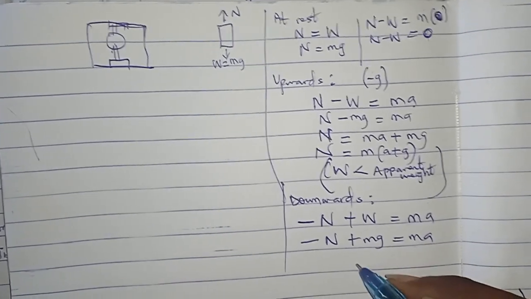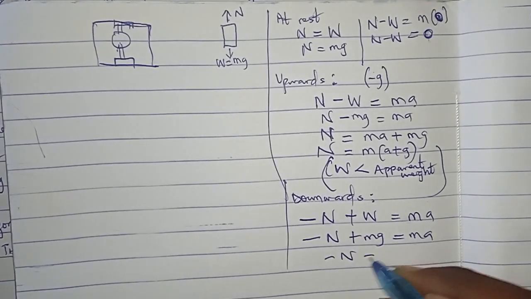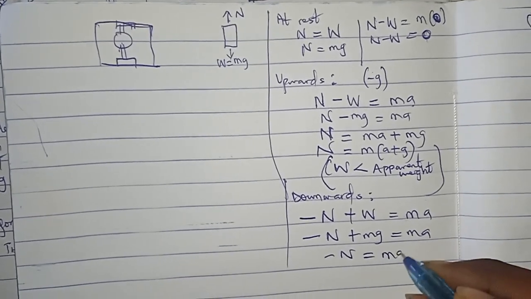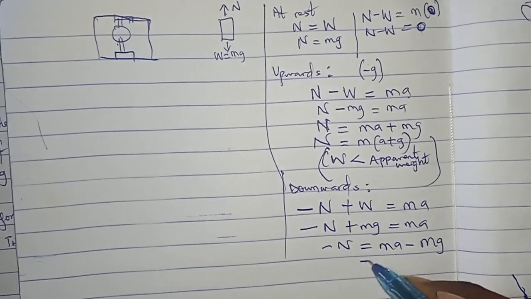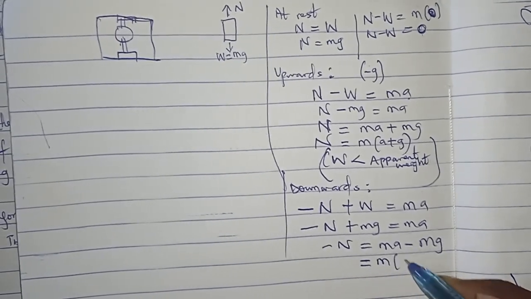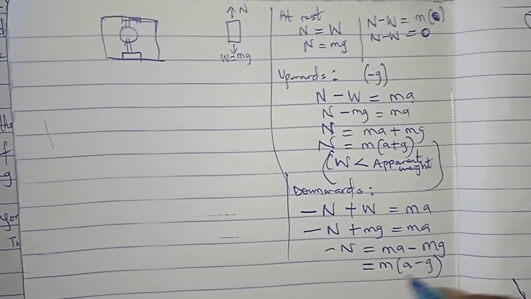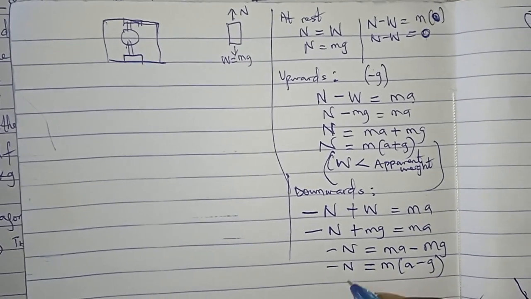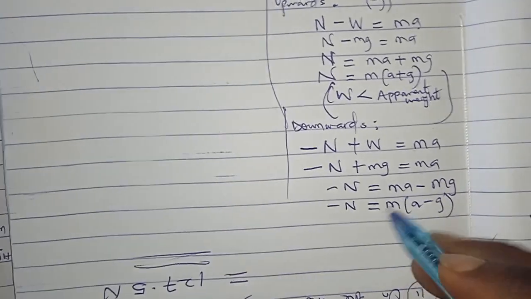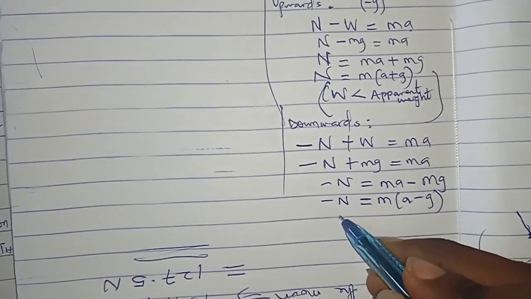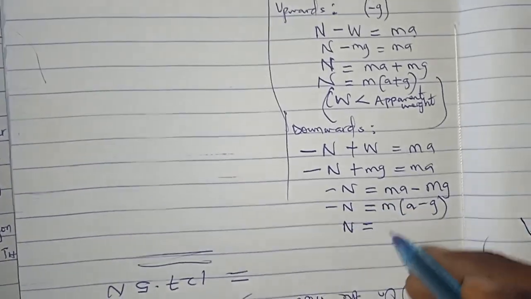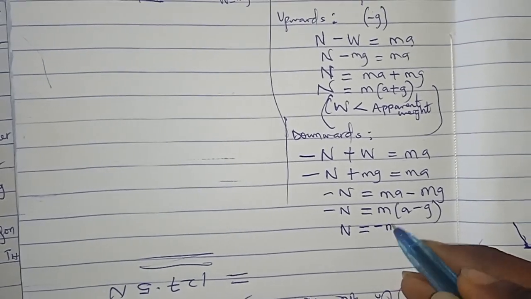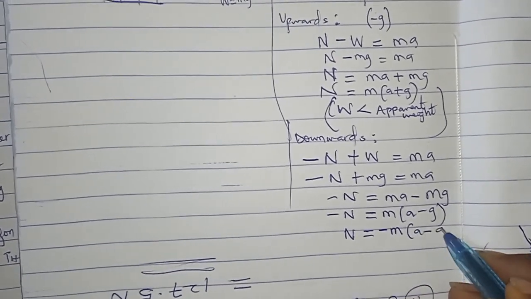When it crosses over, notice that this can be the same thing as saying m into (a minus g). So to make N the subject of the formula, normal reaction, or you say normal force, this is going to be N equals, dividing both sides by minus 1, minus m into (a minus g).